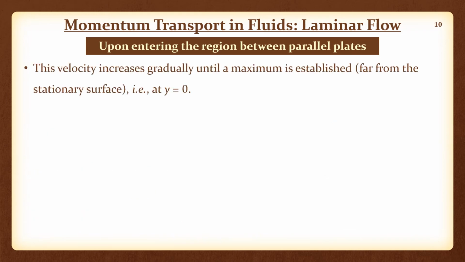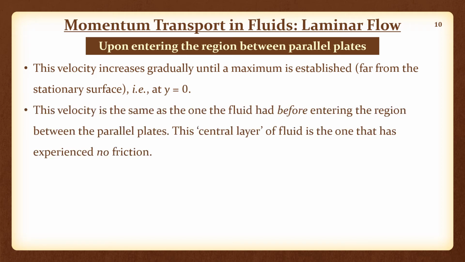So therefore, the velocity increases gradually from Vx equal to 0 at a stationary surface, until a maximum is established far from the stationary surface. And this is at y equal to 0, or the center between the two parallel plates. This maximum velocity is the same as the one the fluid had before entering the region.